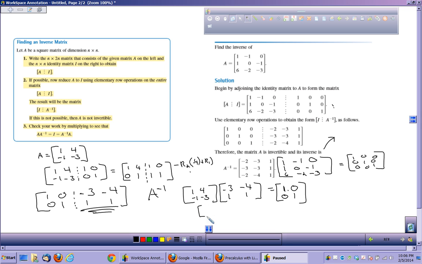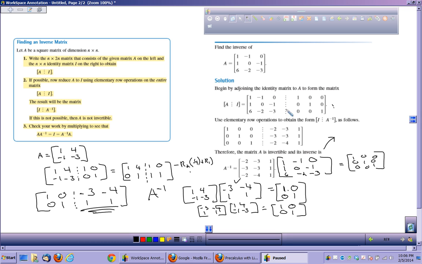If I flip-flop those and multiply A inverse by A, you have to check both directions, I also get 1, 0, 0, 1. Therefore, this thing right here that I just found is the inverse of matrix A.